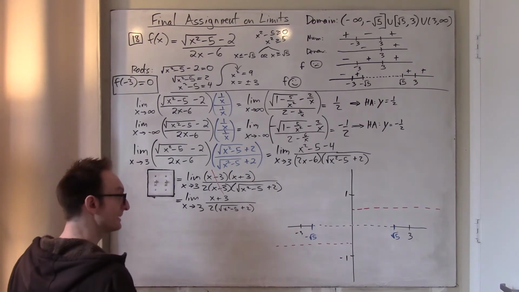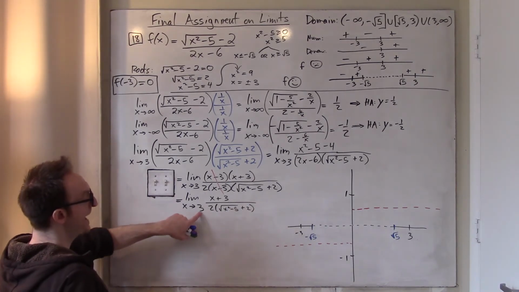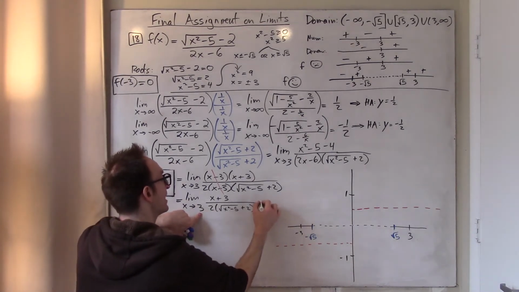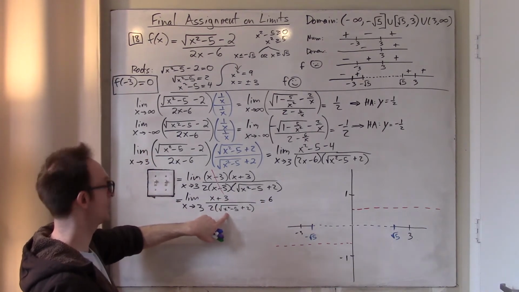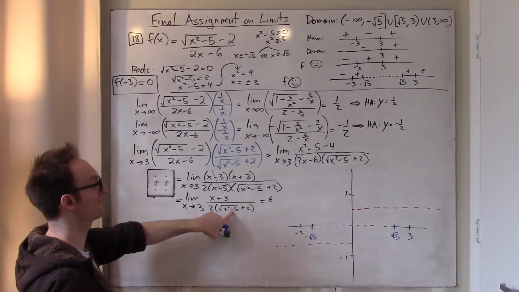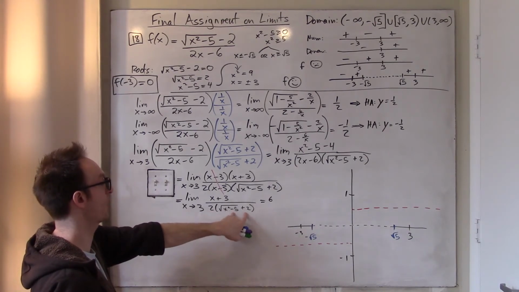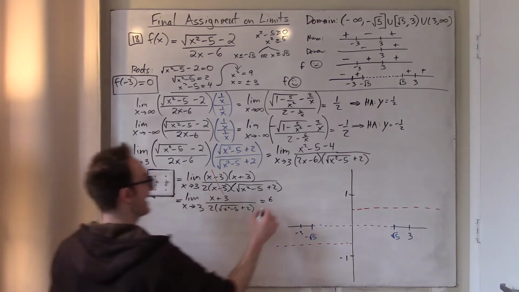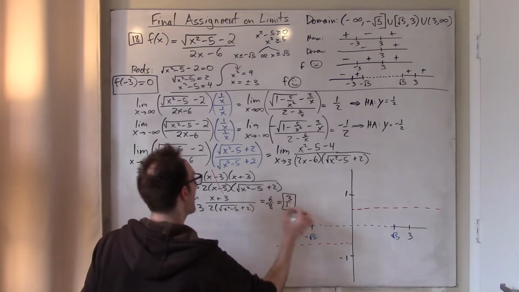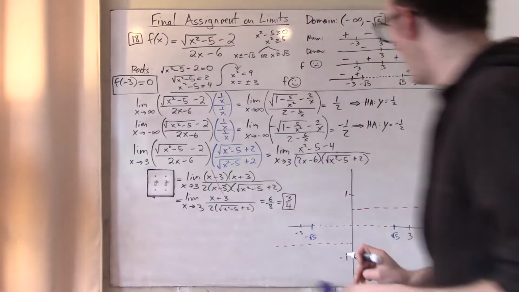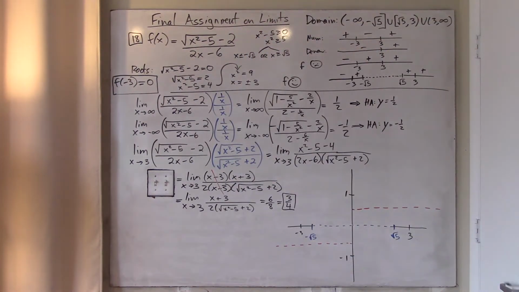And what is that? Well, now if I just plug in 3, I get on the top 6, and on the bottom 9 minus 5, 4, square root of that is 2, so that's 4 times 2 is 8. And so the answer to this is 3/4. Yikes. Okay, so if you do all of that stuff right, here's what I just have learned.